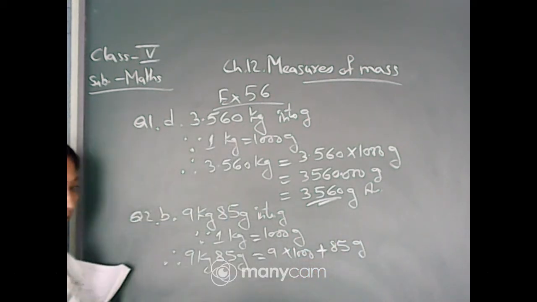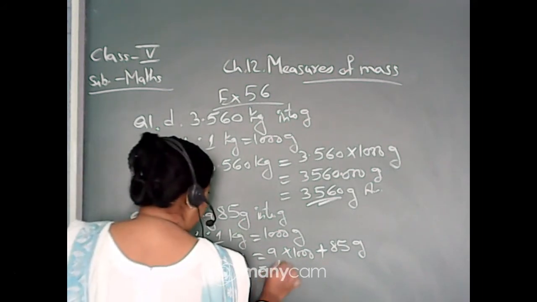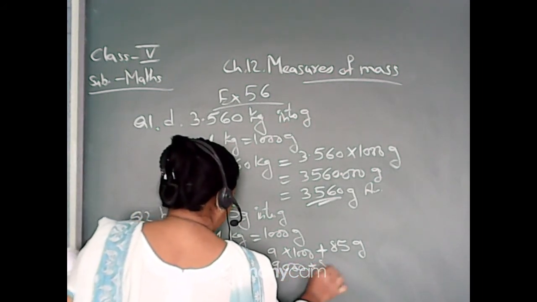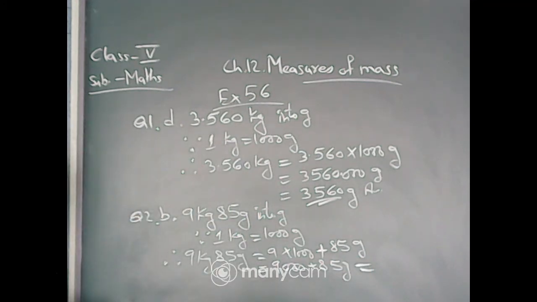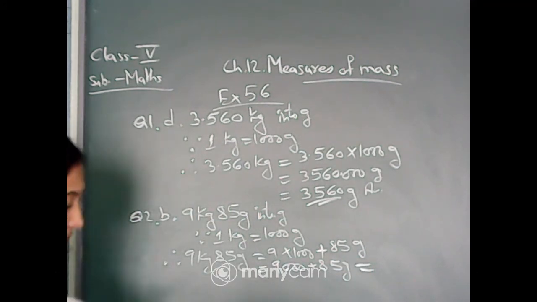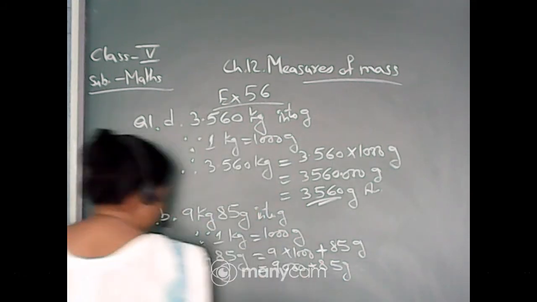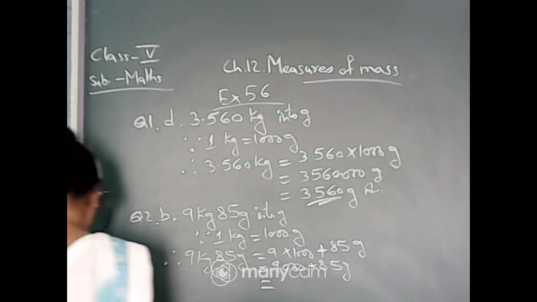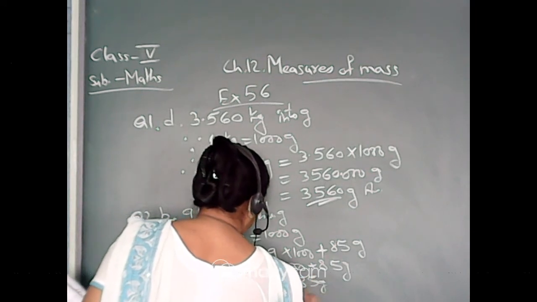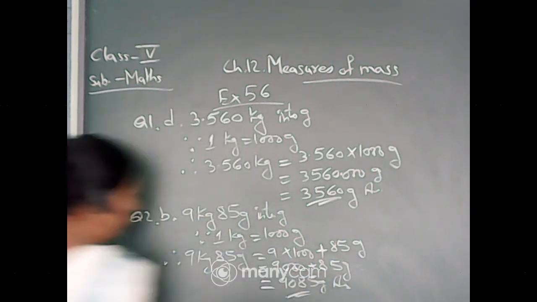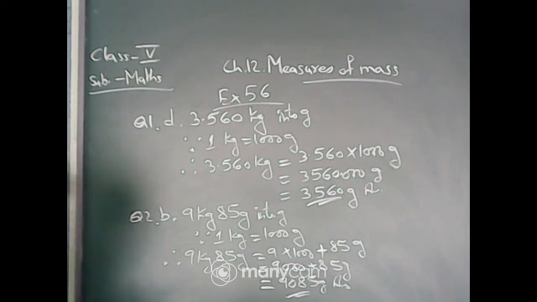This is converted to gram, isn't it? So this will be 9000 plus 85, and when you will add, it will be 9085 gram. Okay, now come to the next page.